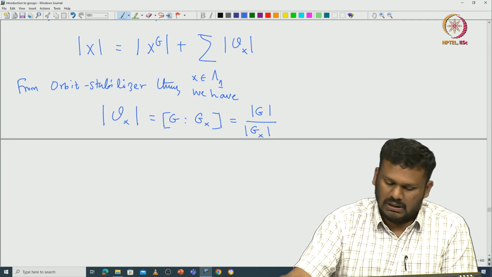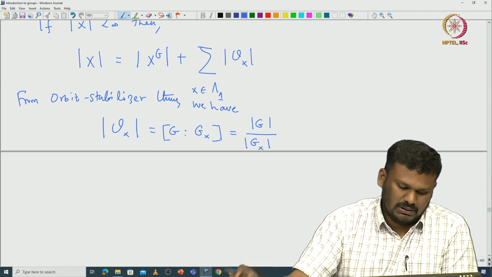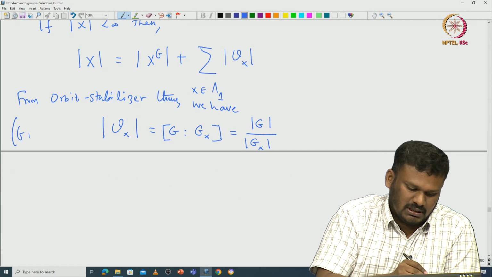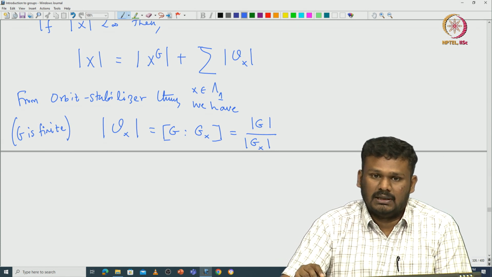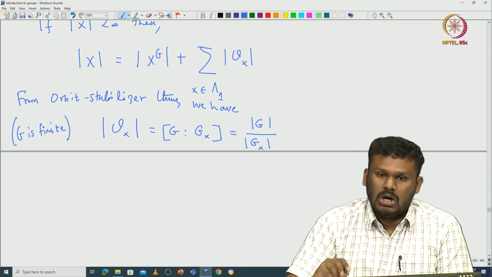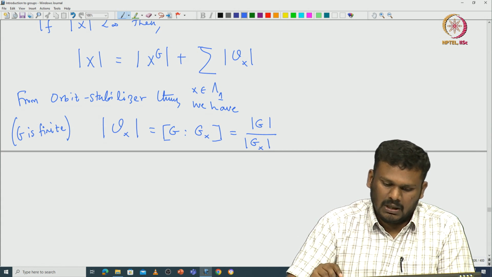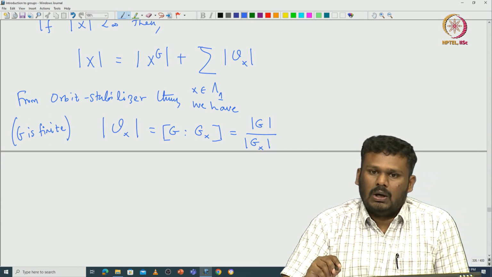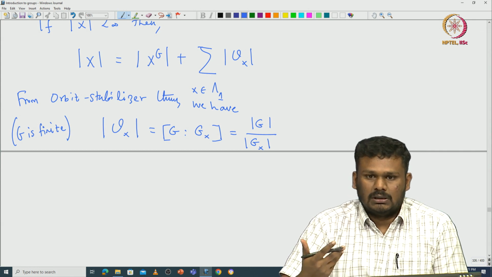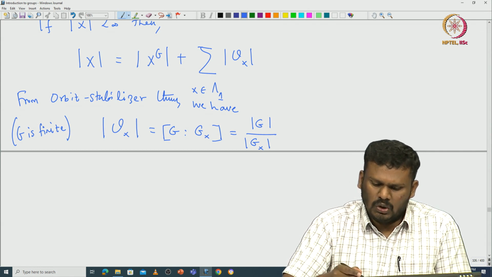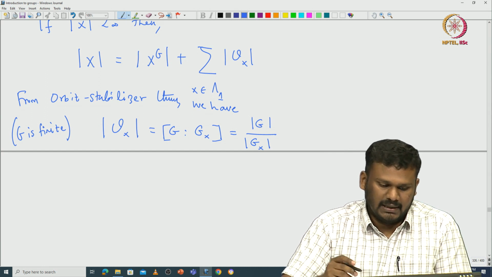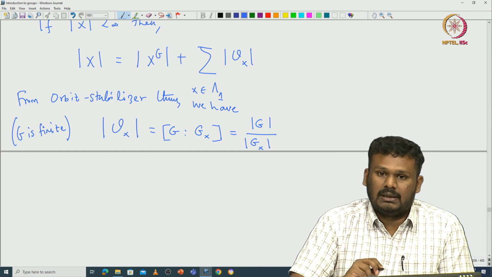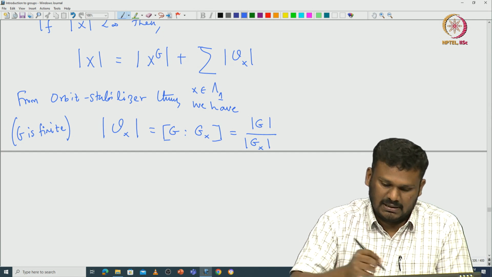So we can also assume G is a finite group. In particular the index is given by the ratio of the cardinality of G divided by the cardinality of G_x, using Lagrange's theorem. So if we know all the information about the group, like all possible subgroups and their orders, then using that information one can calculate the cardinality of the given X.